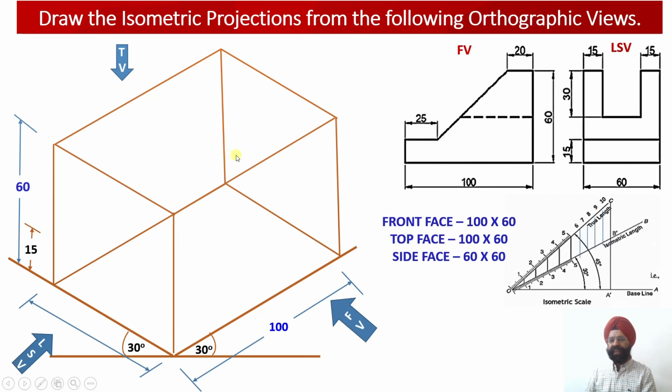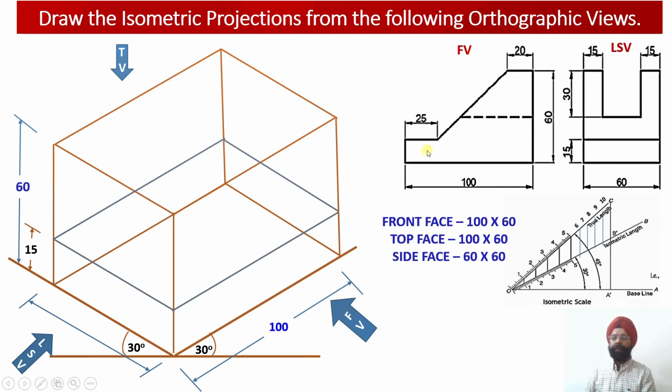A complete rectangular ring we are going to draw at a height of 15 millimeter, which is going to provide us the guidance, or the reference, for drawing element number 1, the base element. Within these reference lines, we are going to draw the base element. Now we have drawn the ring corresponding to element number 1.